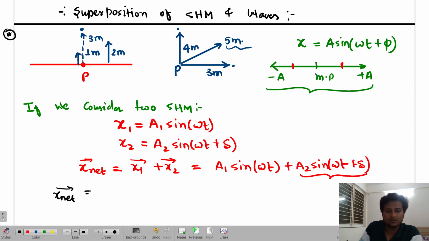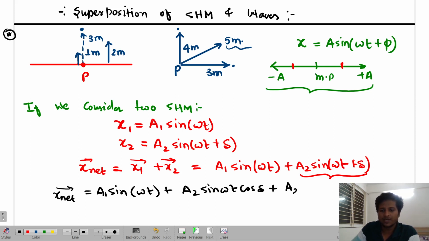x net will be equal to a1 sin omega t plus a2 sin omega t cos delta plus a2 cos omega t sin delta. Are you able to get me or not? Is this clear?